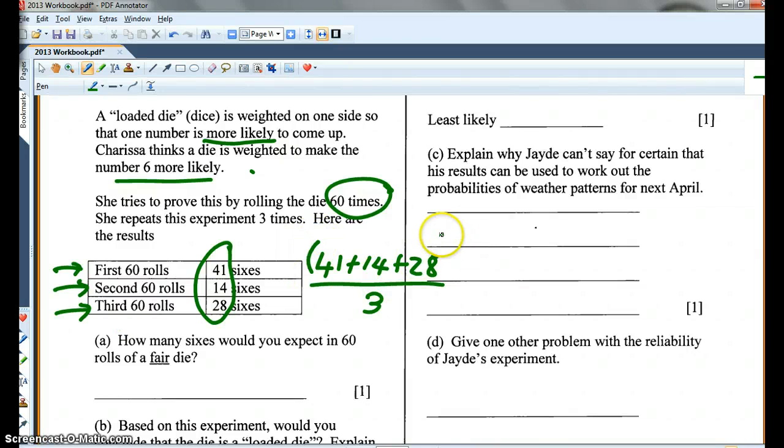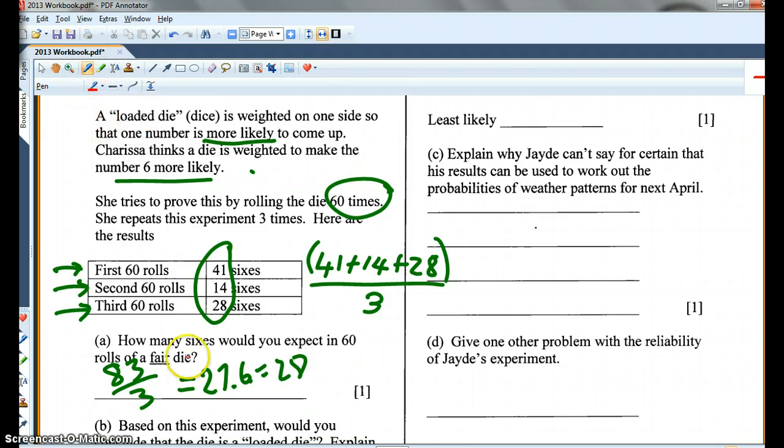So what did those add up to? 83. 14 plus 28 is 42 plus 41. And what's 83 divided by 3? That was 27.6, so that would be 28.